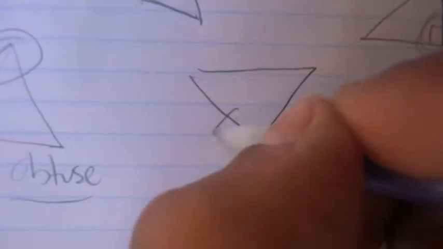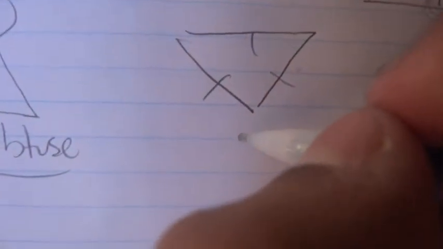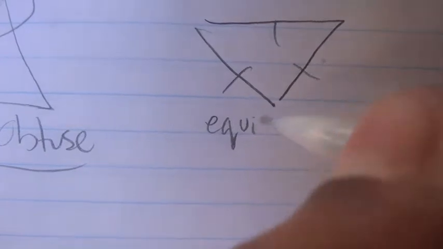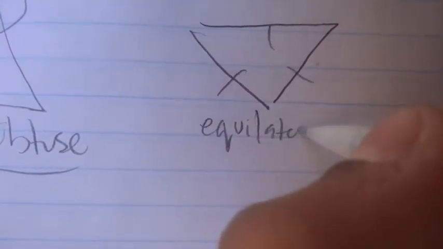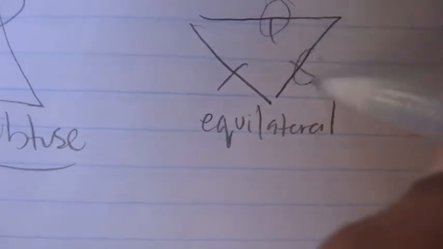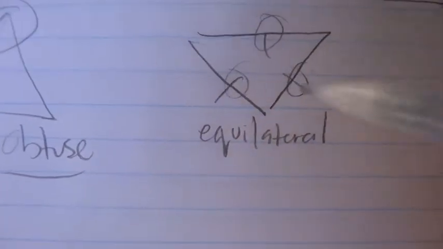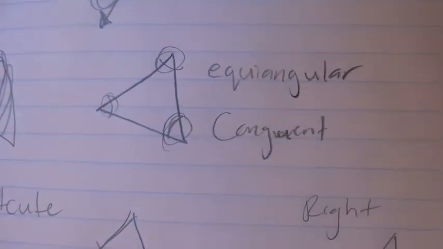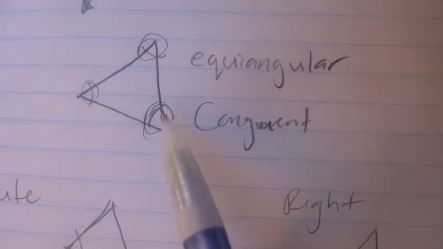Here's the equiangular triangle. Equilateral triangle means all sides are congruent. See how up here, equiangular is all angles congruent, but right here it's all sides.